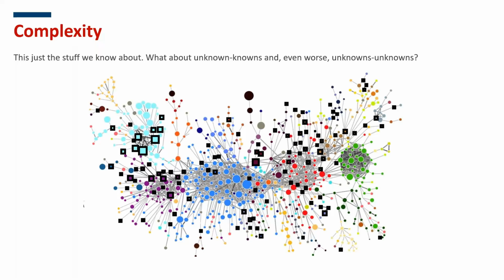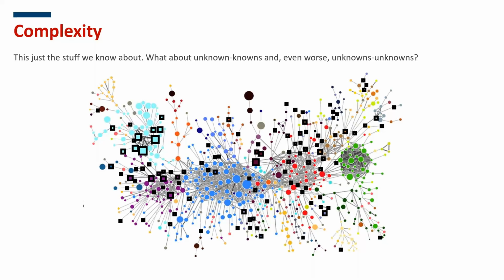So this is just a standard graphical representation of complexity. These nodes here could be any, you could apply anything to them. So for our purposes, they're risks, but they could be world cities, they could be planes in the sky. So this is a representation of what we know. But what about the unknown knowns?